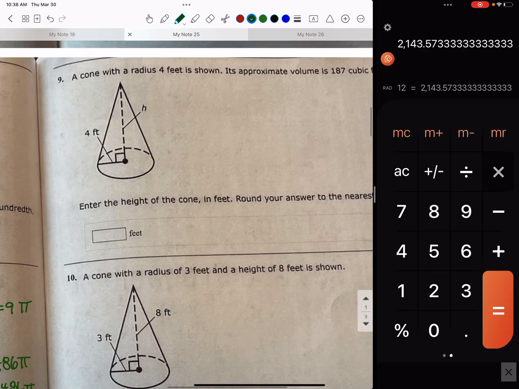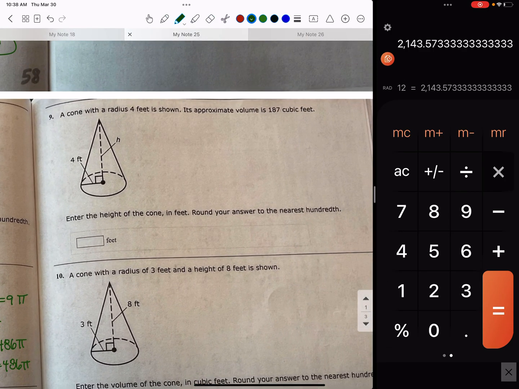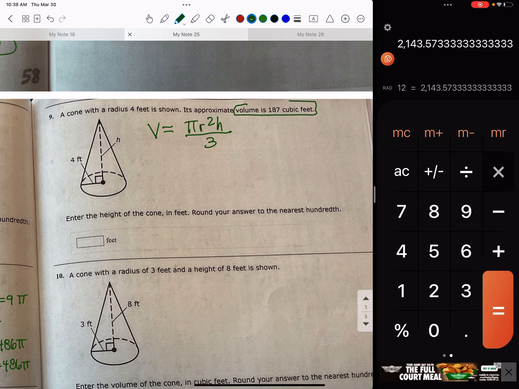9. Okay. A cone with the radius of 4 is shown. Its approximate volume is 187. So I know the volume of a cone is we start with a circle, pi r squared, we give it some height, we divide by 3. Okay, but now they're giving us the answer. They're giving us that volume is 187.